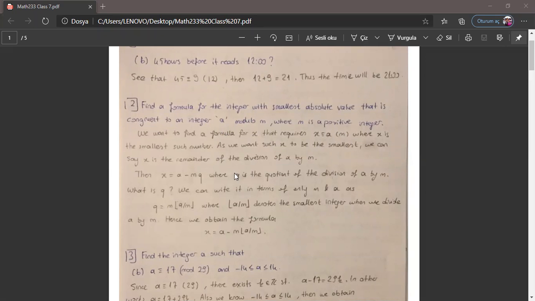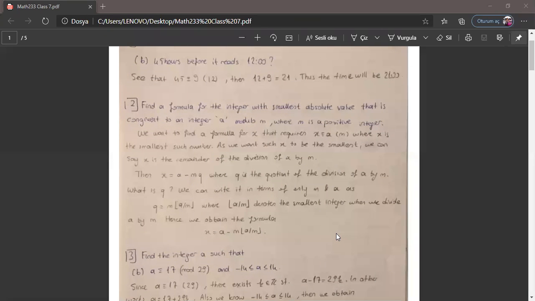In other words, x is the smallest such number, that is, the remainder of the division of a by m. We can write x in this form too, where q is the quotient.